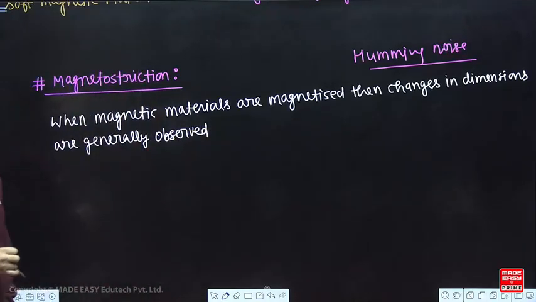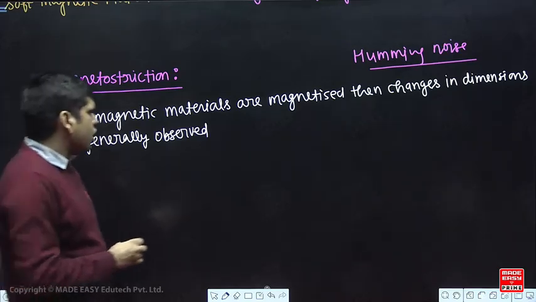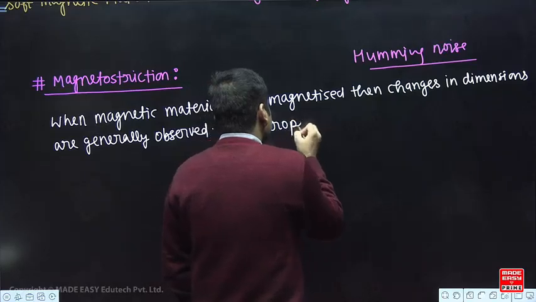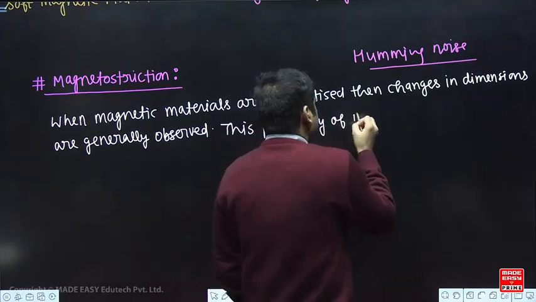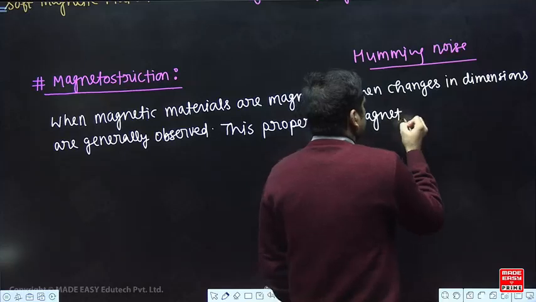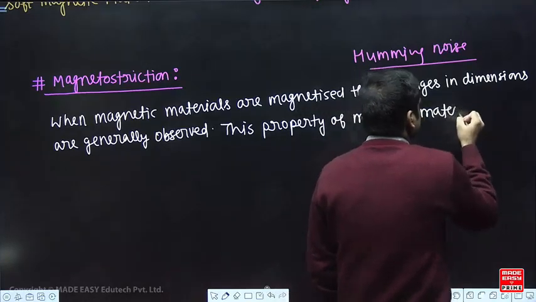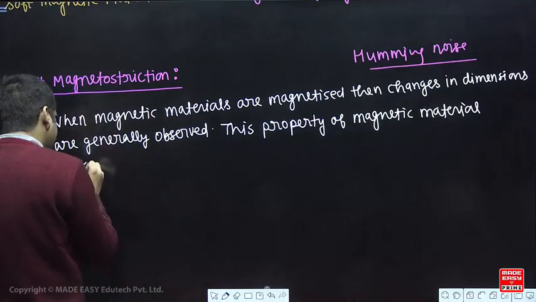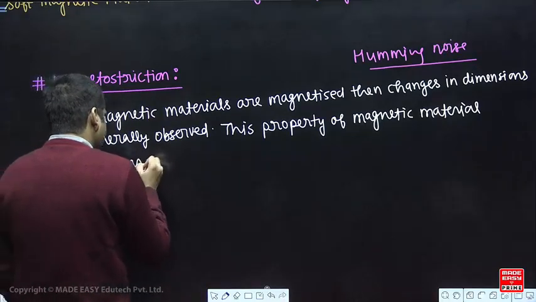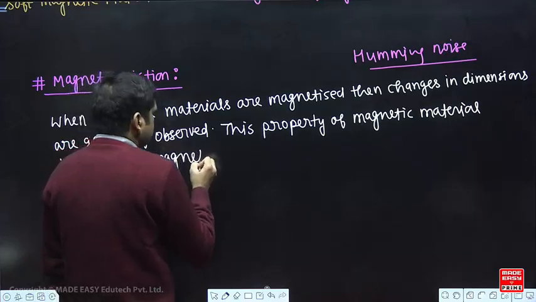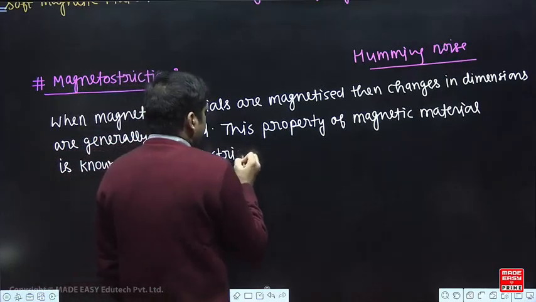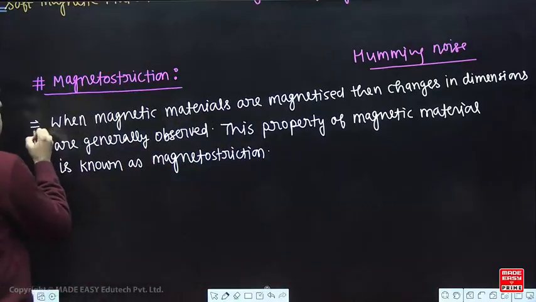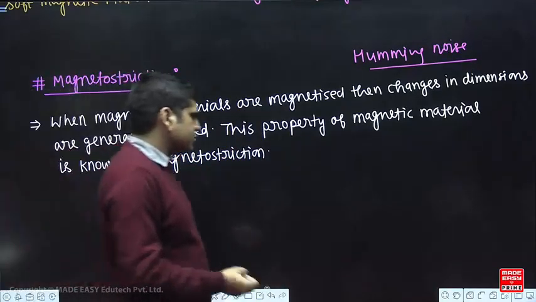When magnetic materials are magnetized, then changes in dimensions are generally observed. This property of magnetic material is known as magnetostriction.